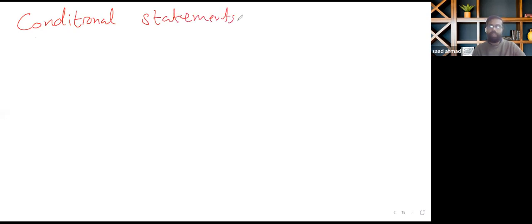Okay, I have some other examples, but I have to touch another topic, so let's go to the next one. Here we are talking about conditional statements. In mathematics, a statement is something that can be either true or false.